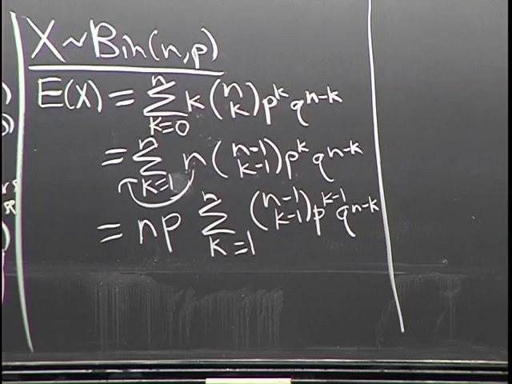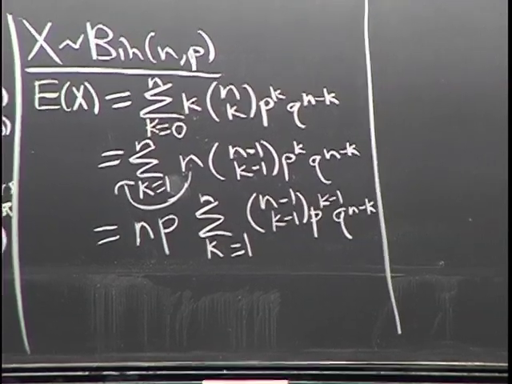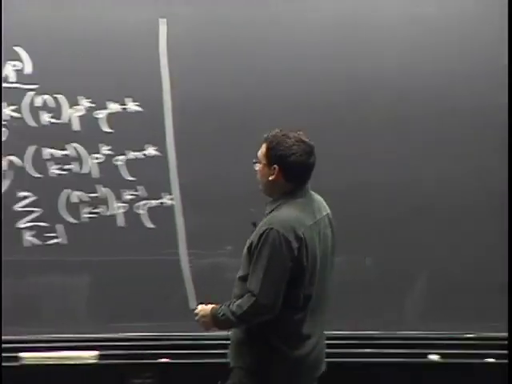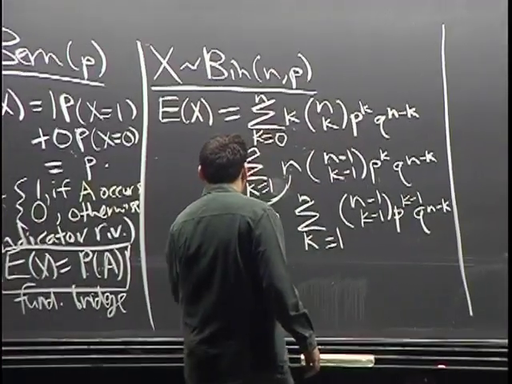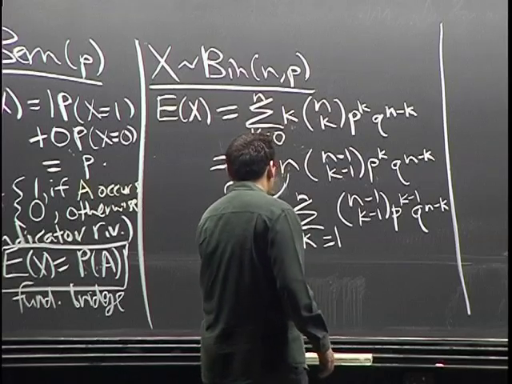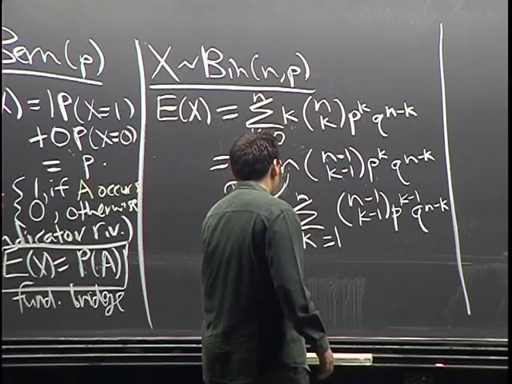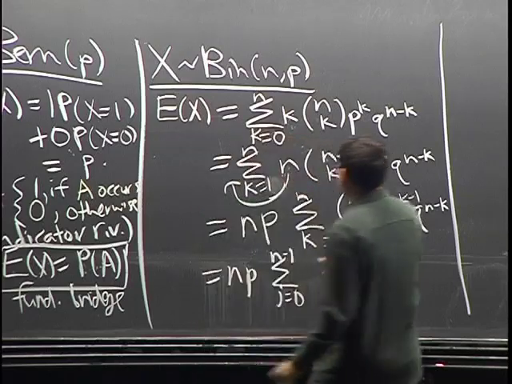Now it looks a lot more like the binomial theorem again. In fact, this is exactly the binomial theorem. Let's say we let j equal k minus 1. I'm just making a change of variables.